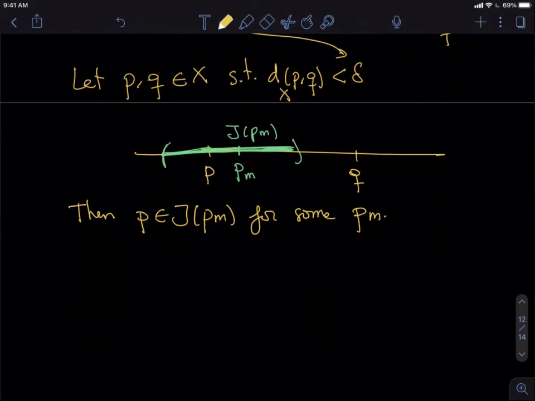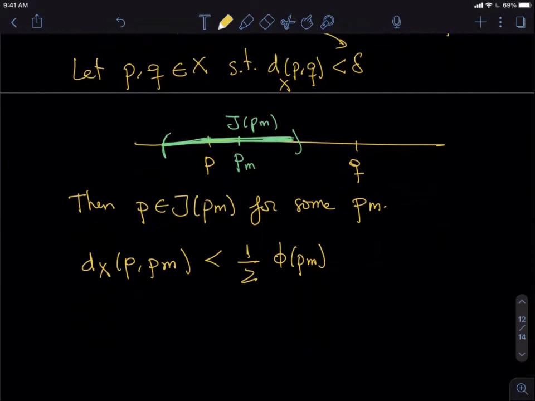And here comes the important thing. By definition, the distance between P and Pm is going to be less than 1/2 of phi of Pm.